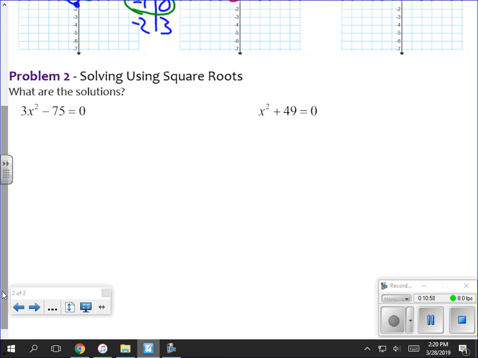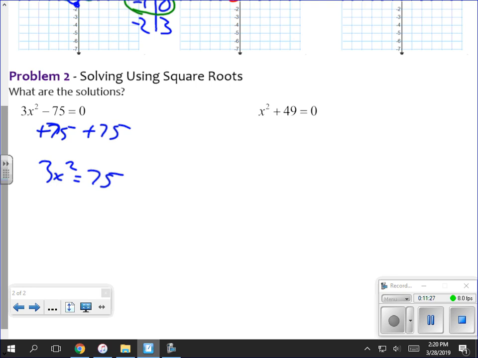Step number one, get x squared by itself. So for example, on this one here, my first step is to add 75 to both sides. That gives me 3x squared equals 75. I can divide by 3, but I want to get x squared by itself first.